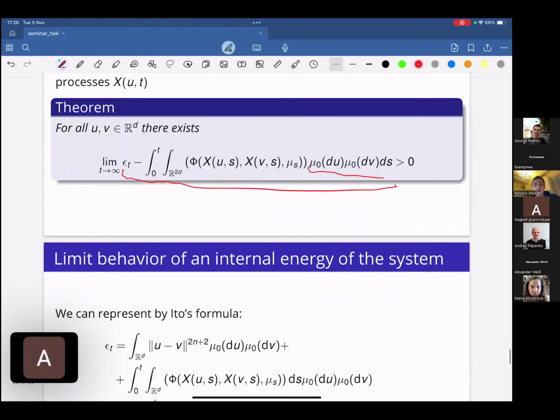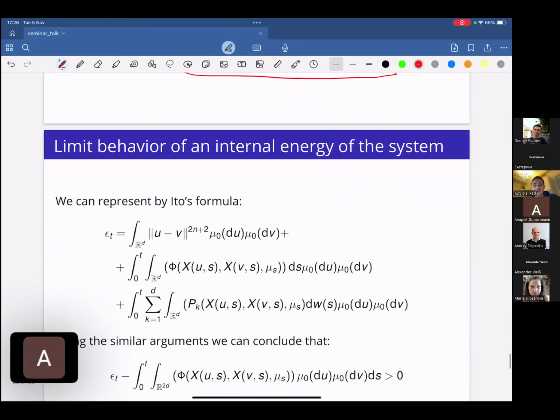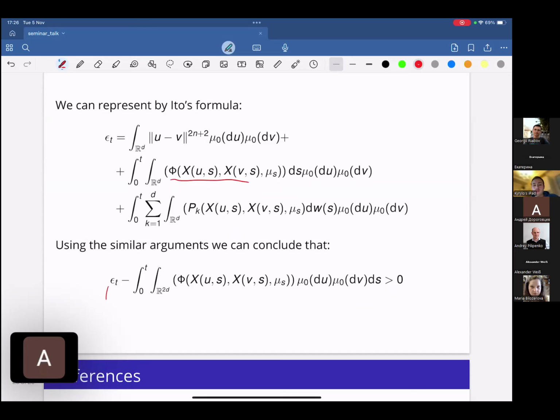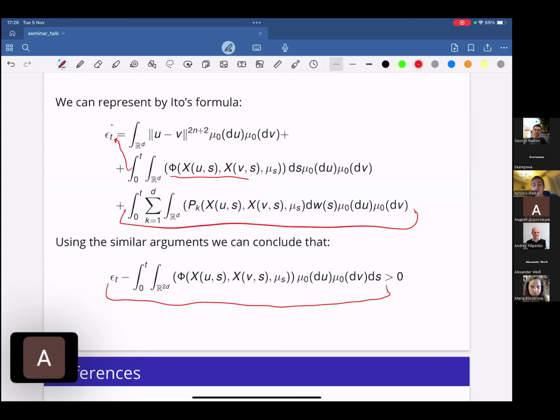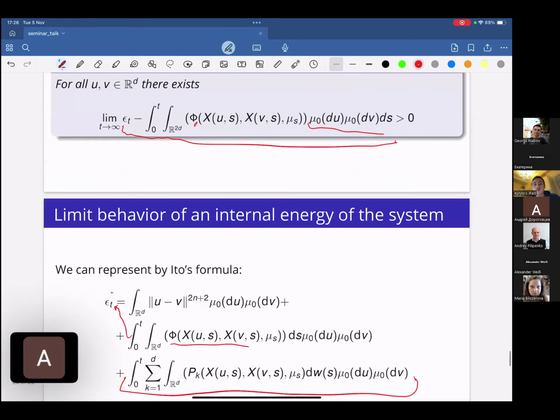This function phi is a representation using the Ito formula for such a thing. Using the same argument, we can conclude that on the left-hand side, if we move these things here with a minus, on the right-hand side we have such a diffusion term, and we can again use this representation with a time-changed Brownian motion. So the final statement of the theorem can be deduced from it.